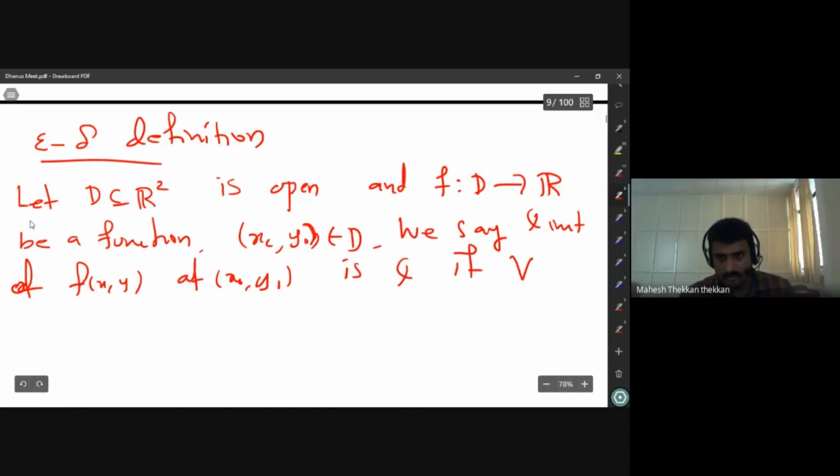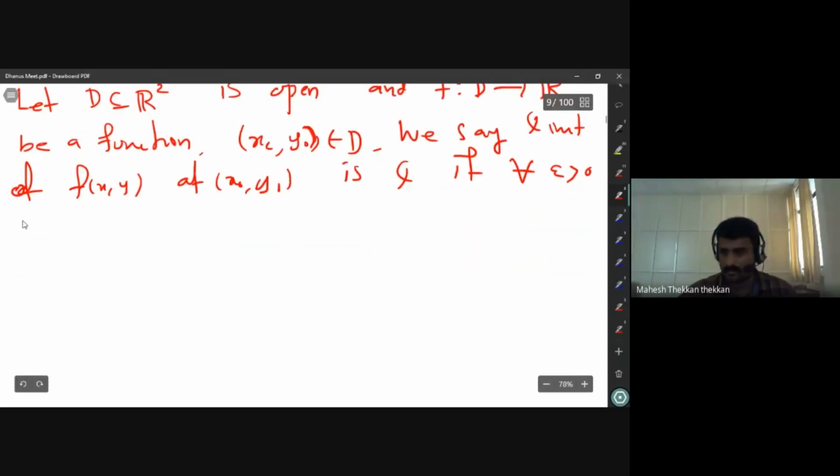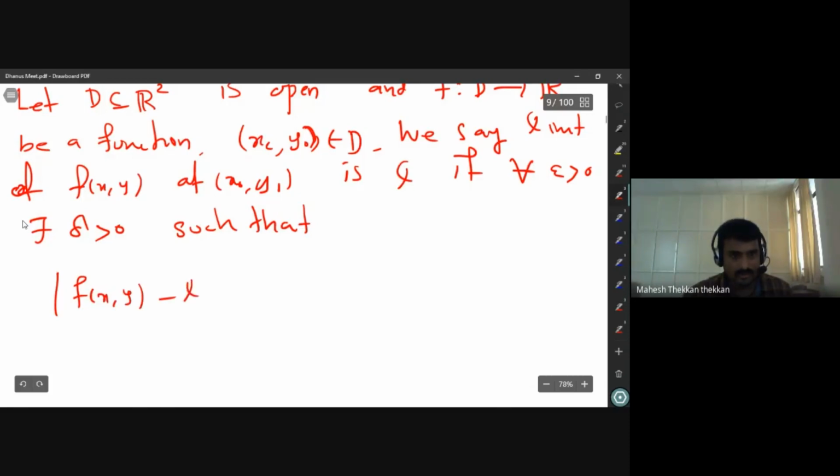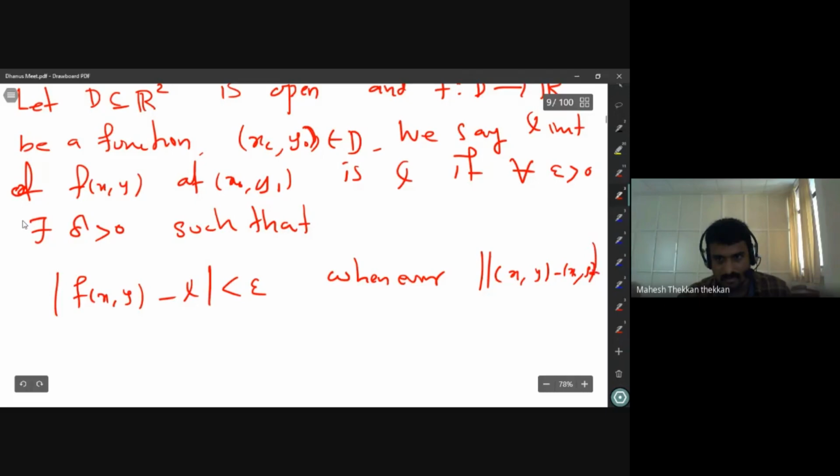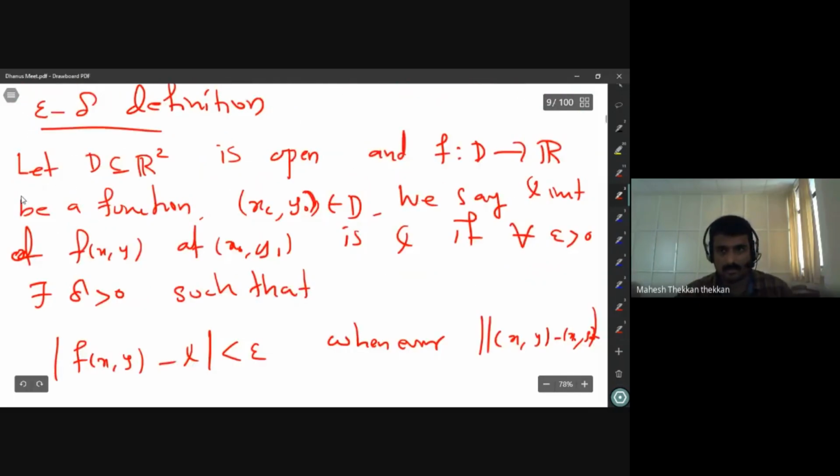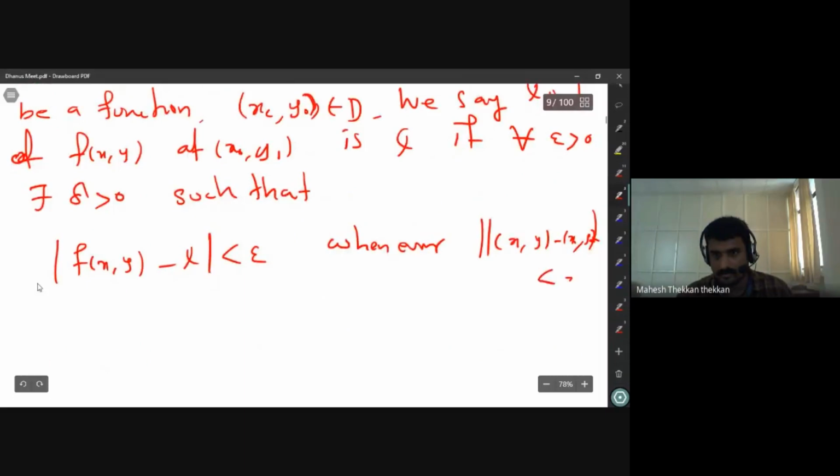if for all epsilon greater than 0, there exists delta positive such that modulus of f(x,y) minus L is less than epsilon whenever the norm of (x,y) minus (x naught, y naught) is less than delta.